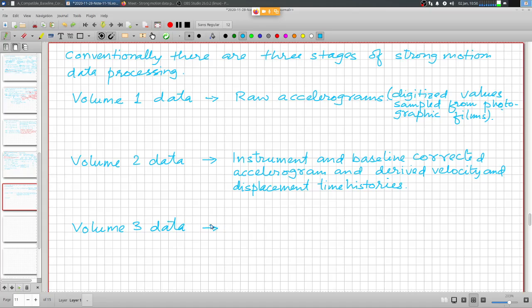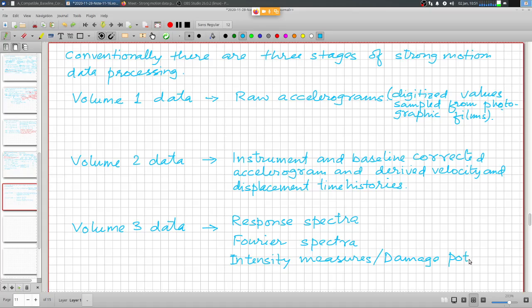Volume 3 data: after this accelerogram processing, we go to the computation of response spectra, Fourier spectra, and intensity measures, also known as damage potential indicators.